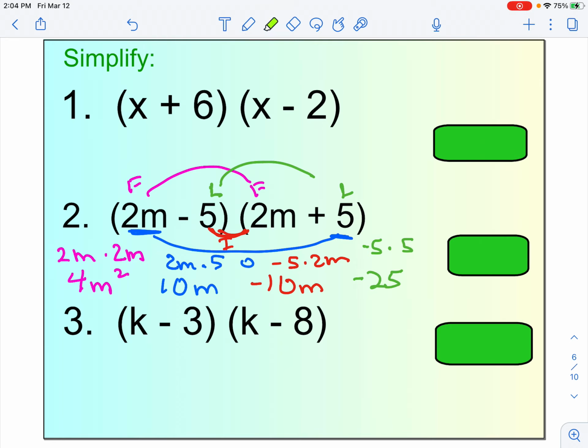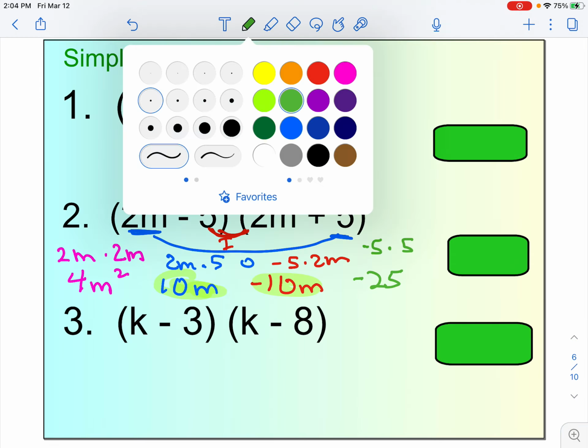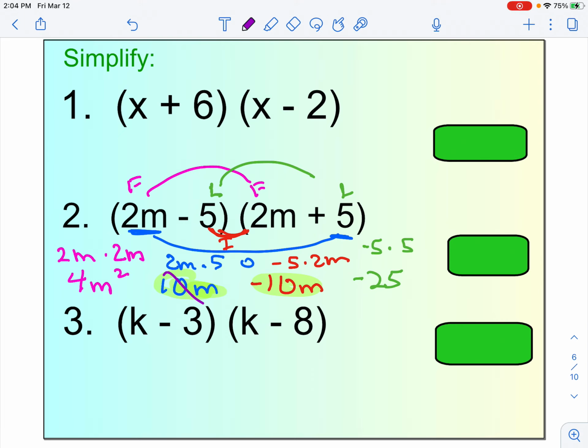Again, we combine any like terms. Notice we have 10m and negative 10m, but what happens when we combine those? Well, they add up to 0. So those kind of go away, they cancel out, and so our final answer would be 4m squared minus 25.